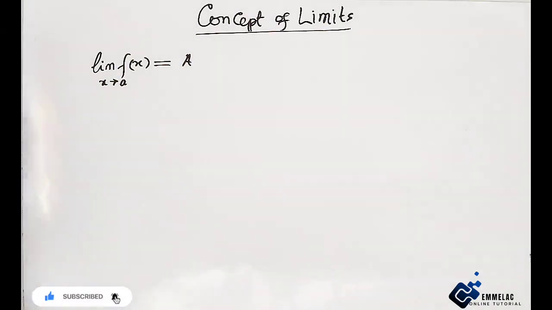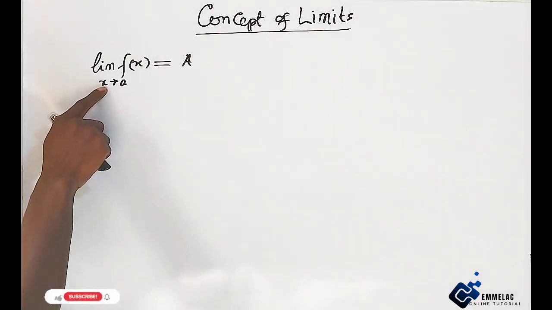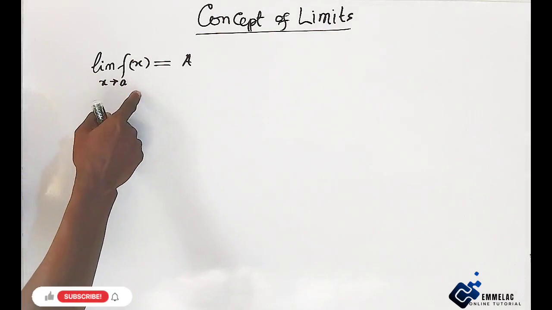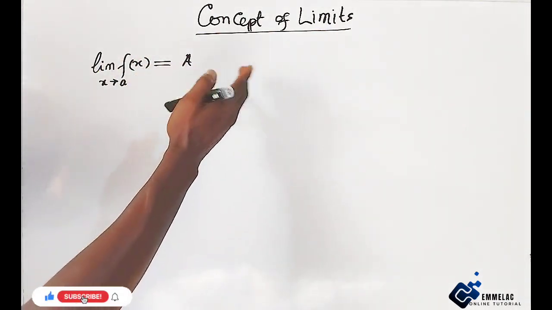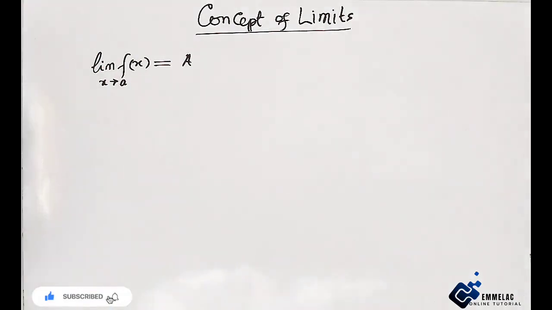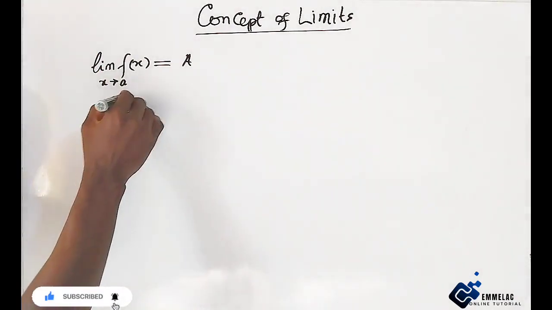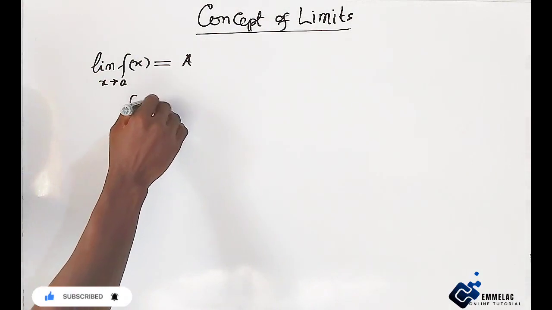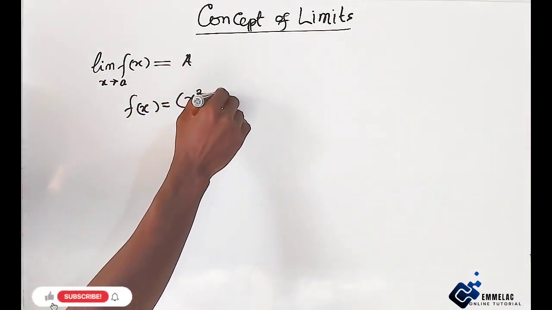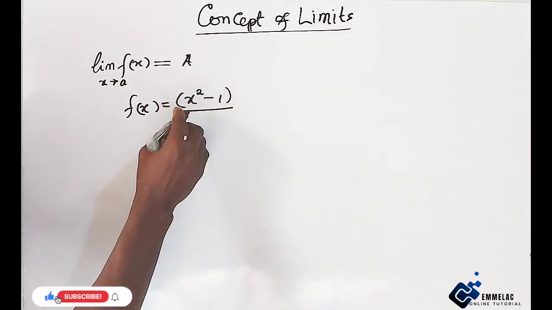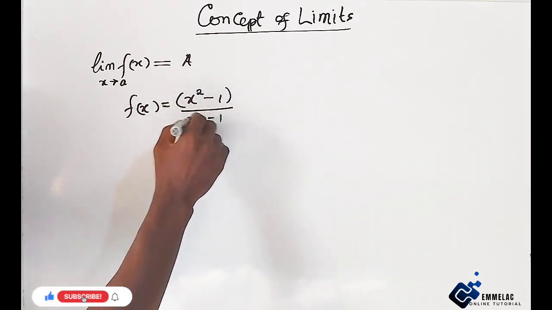Okay. Now, take note that when it comes to limit, as this x approaches a particular value, so is this function also approaching a particular value. Now, let us consider this, that f of x equals x raised to the power of 2 minus 1, all over x minus 1.